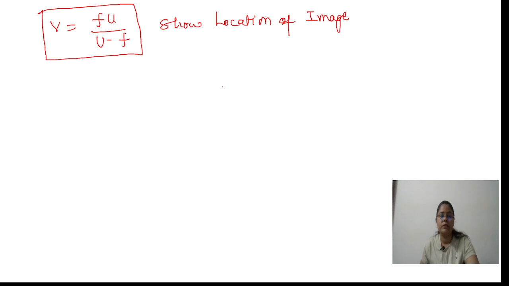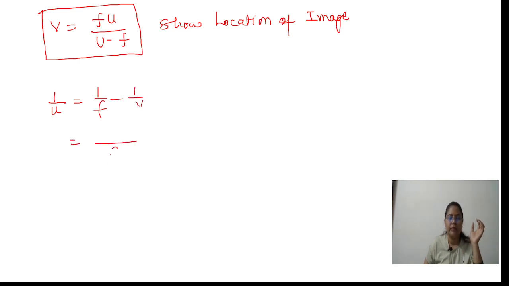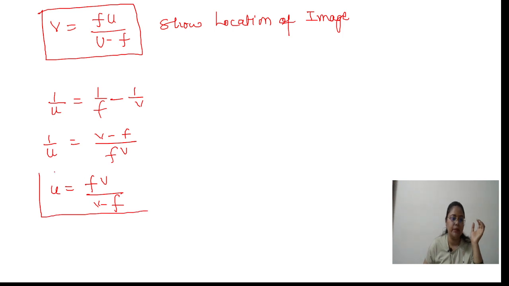Second, you find the object location. Similarly, use 1 upon u is equal to 1 upon f minus 1 upon v. Take the LCM, fv, that is v minus f. So u is equal to fv upon v minus f. It is done. Clear? This shows the location of object.